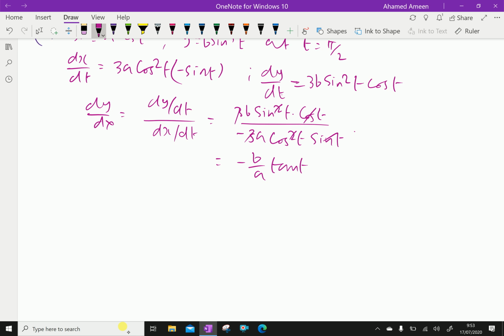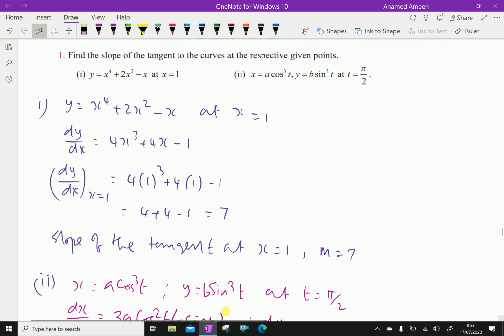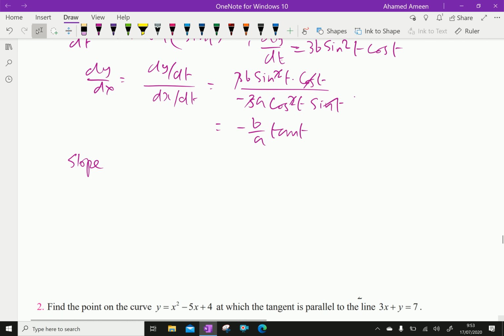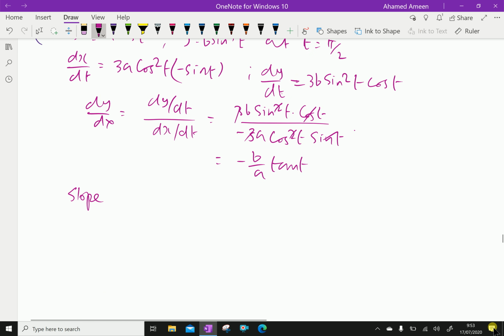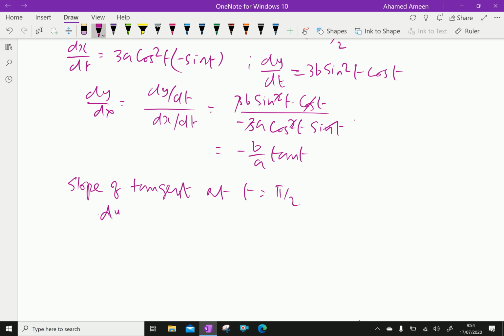Now we have to find the slope at t equal to pi by 2. Therefore we have slope of tangent at t equal pi by 2 is equal dy by dx at t equal pi by 2 equal minus b by a tan pi by 2.